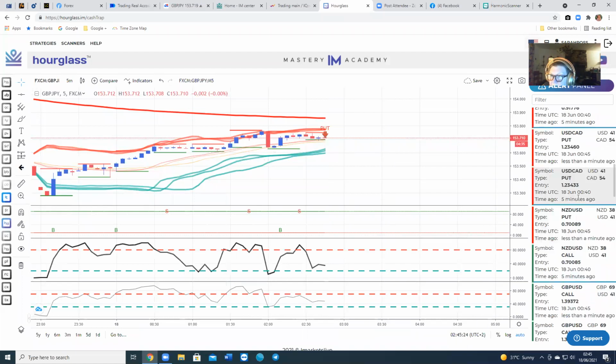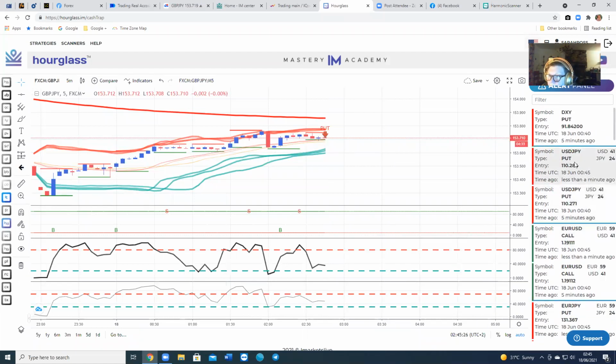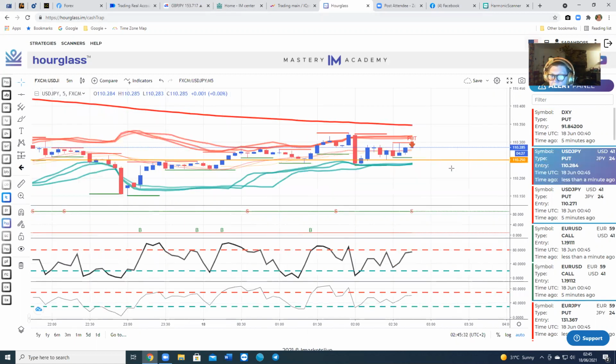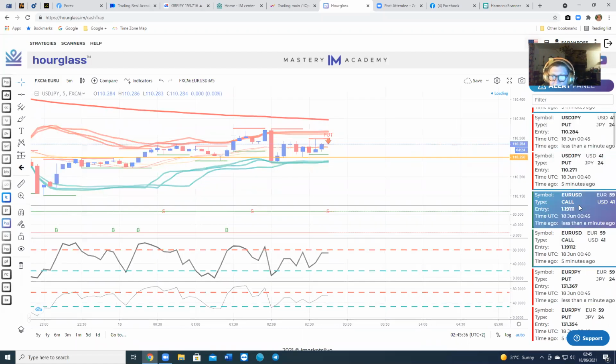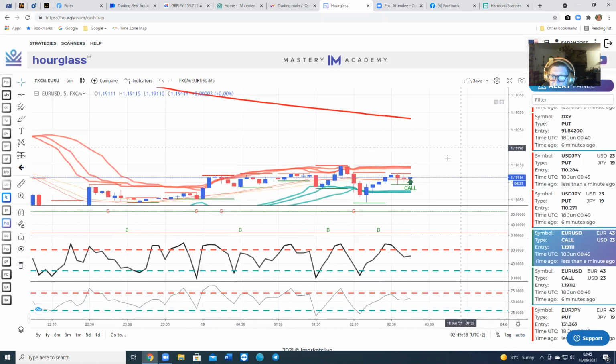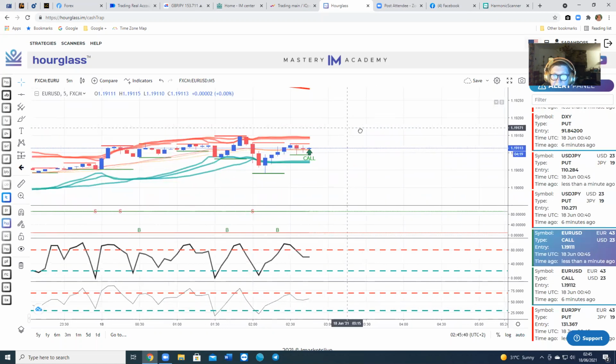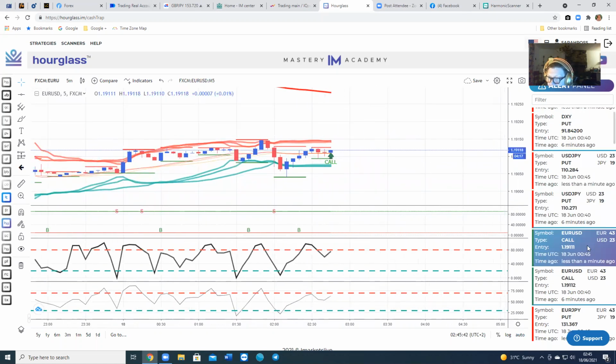So let's just see, I'm on the 45. So I've got UJ for a put. Don't like that. Euro USD for a call at 9111. That's moving up. That looks like it's okay, but I think we've missed it.